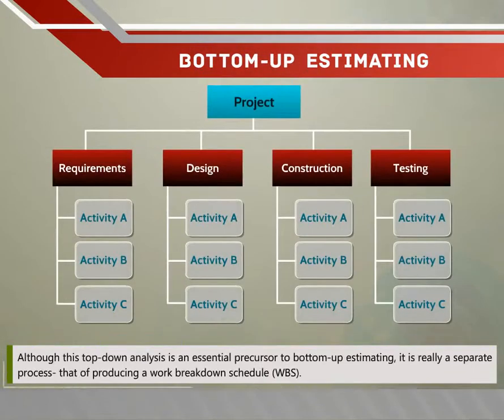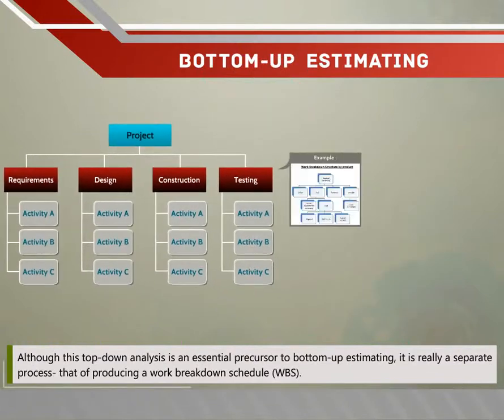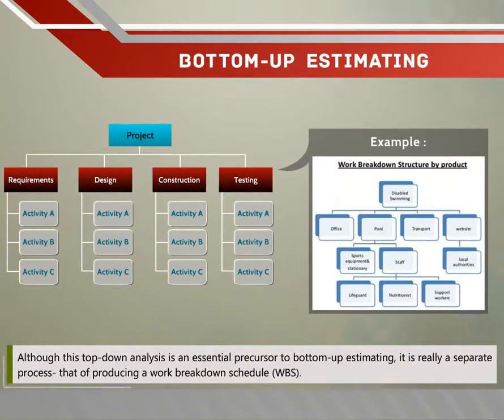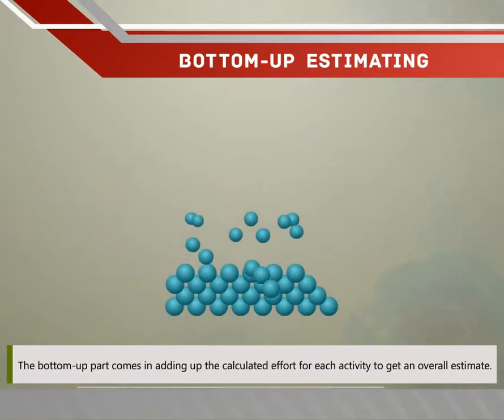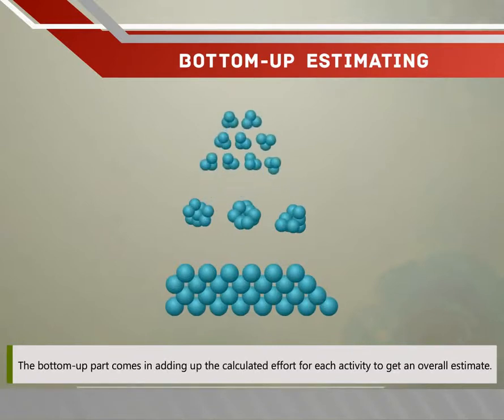Although this top-down analysis is an essential precursor to bottom-up estimating, it is really a separate process, that of producing a work breakdown structure, that is WBS. The bottom-up part comes in adding up the calculated effort for each activity to get an overall estimate.